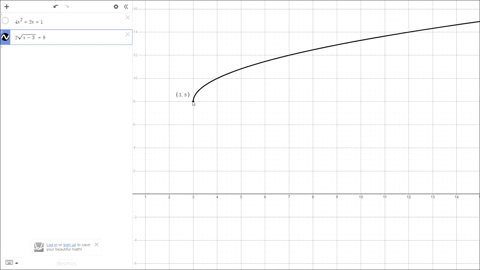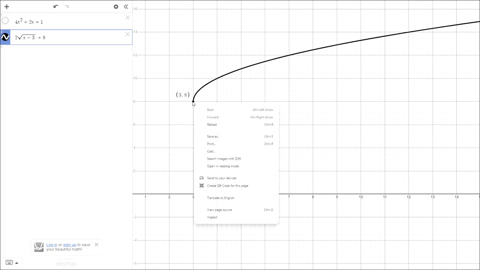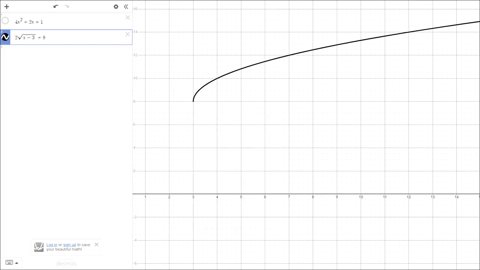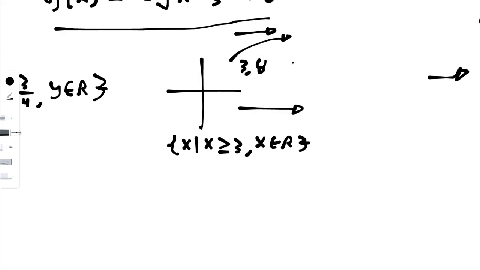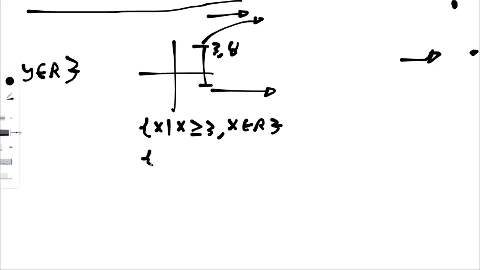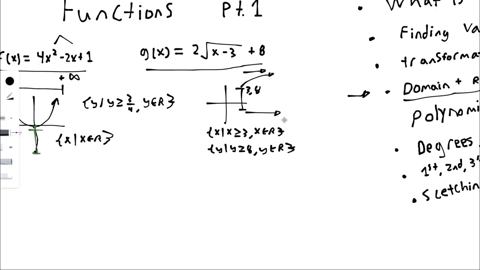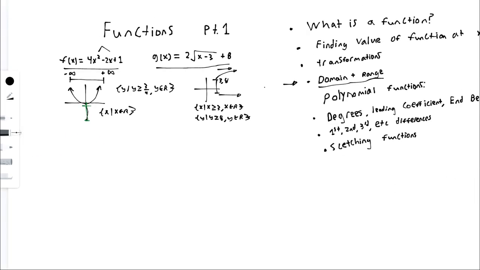So it starts at 3, 8, and that's the farthest to the left and farthest down it will go. So if we go back over here, y cannot be anything under 8. So for the range, y has to be more or equal to 8. But it equals all real numbers that are above 8. There we go. So that's just quick domain and range review.